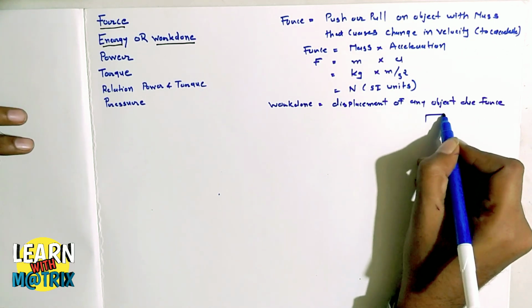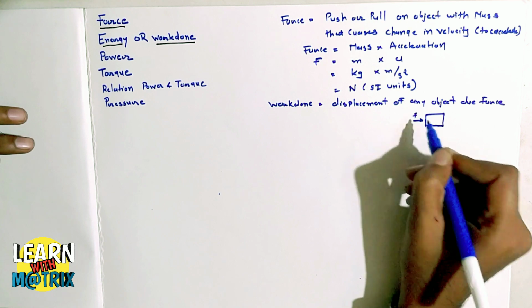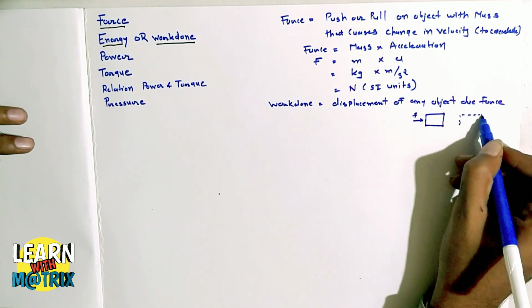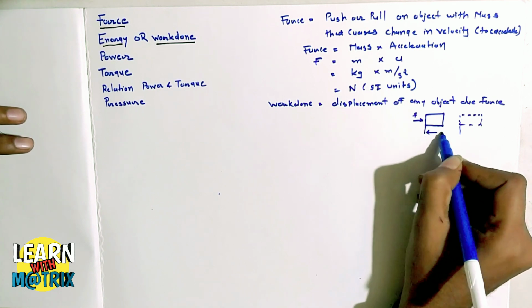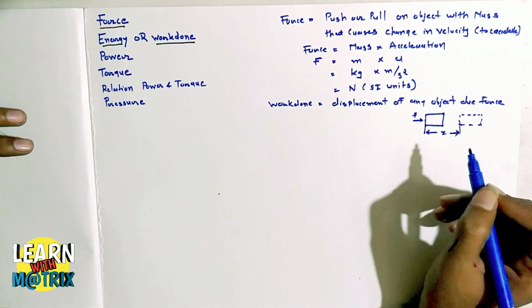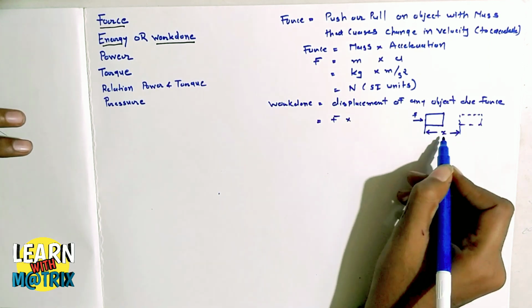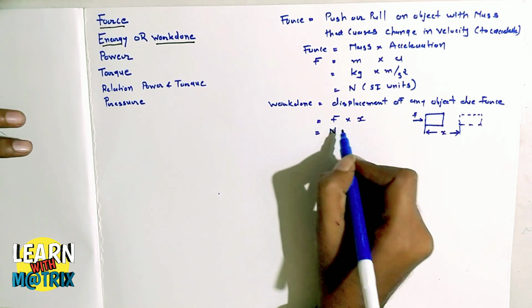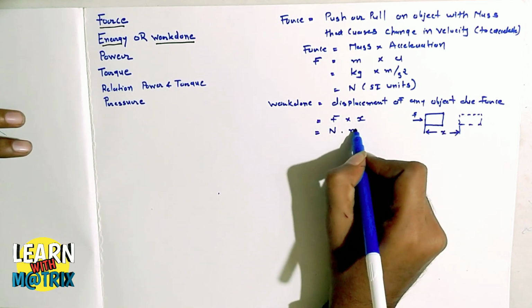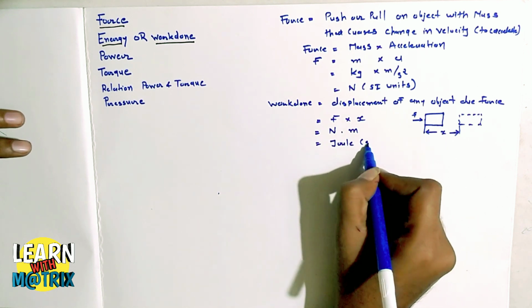So if we take any object and apply force, it has some displacement. So work done is equal to force into displacement x. Force has a unit of Newton, displacement in meter. It is also called joule in SI units.